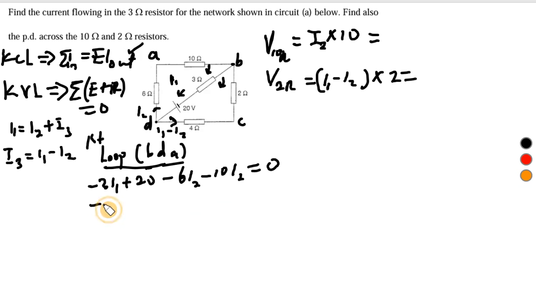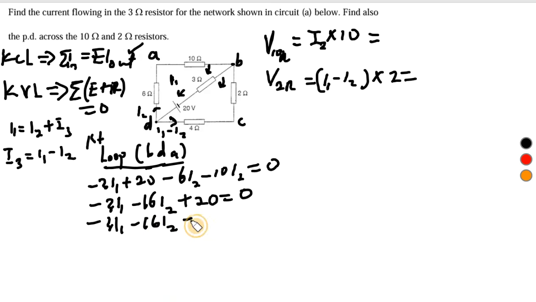So this is minus 3I1 minus 16I2 plus 20 equals 0. This is minus 3I1 minus 16I2 equals minus 20. So we can make it positive.